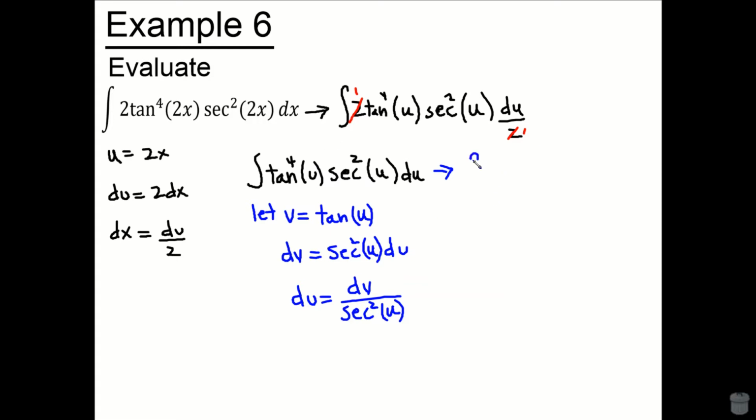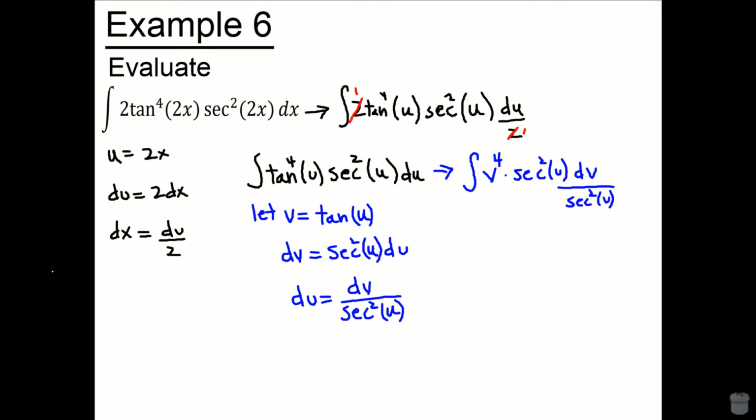Now I have the integral of, now it's v to the fourth power times secant squared of u. This du gets replaced with dv over secant squared of u.